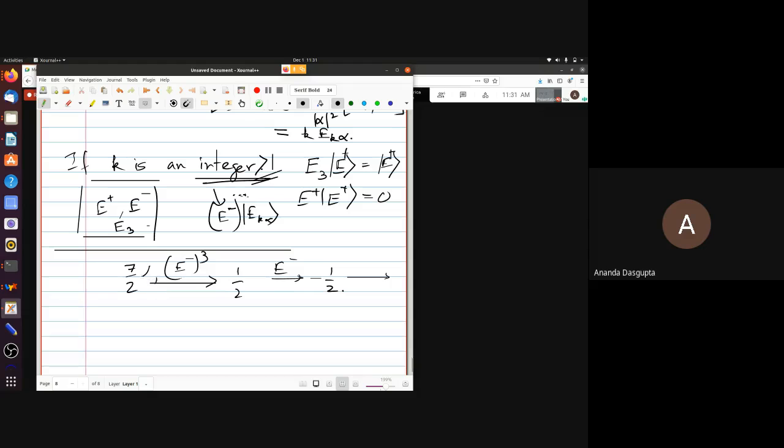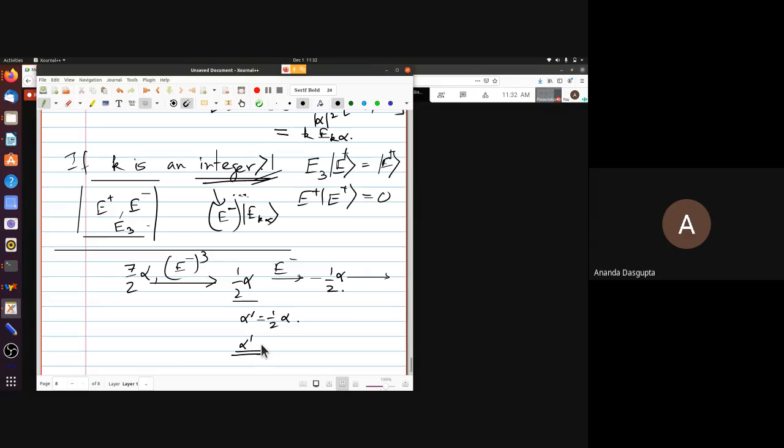So I mean 7 by 2 alpha, here it's half alpha, minus half alpha. Okay, let's call half alpha alpha prime. So this is alpha prime, a new alpha, which is half alpha. So what are you saying? You are saying alpha prime is a root which exists, right?